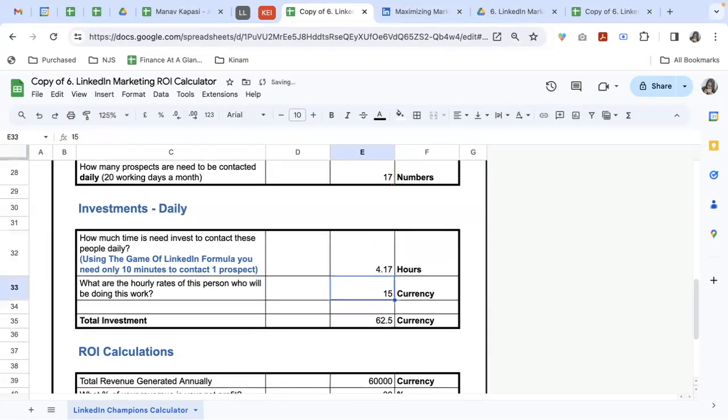I'm going to come back and make it 10 for now. All right, so we are going to need someone for 2.78 hours. That's funny, because Excel doesn't make calculations in terms of minutes. So you can say we are going to take 3 hours to reach out to 17 people, quarter to 3 hours.